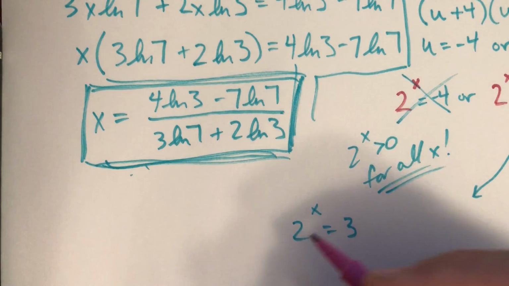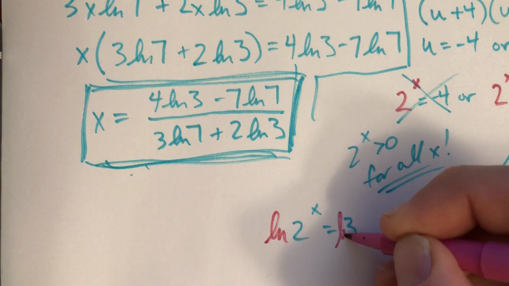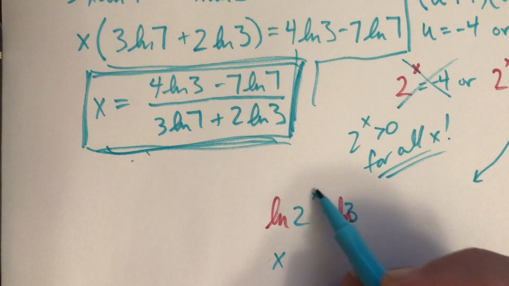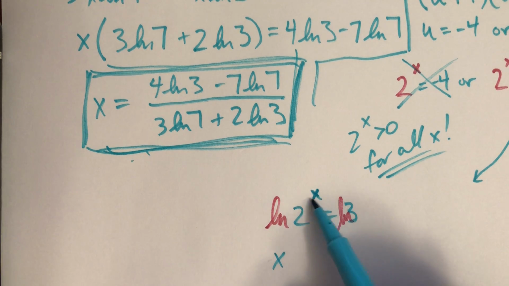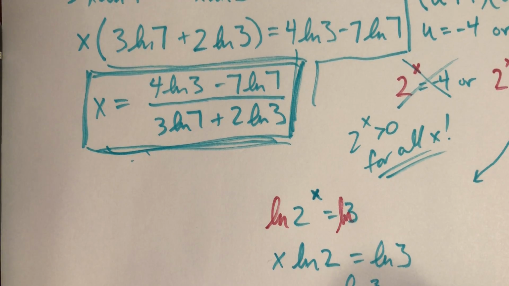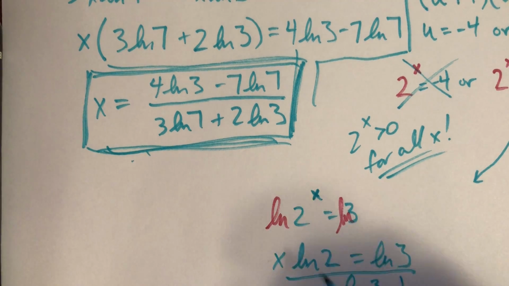Take a natural log of both sides. And then we can use our nice exponent property, so that's going to tack down in front as a factor. And we're done. Divide everything by natural log 2, and there we have it.